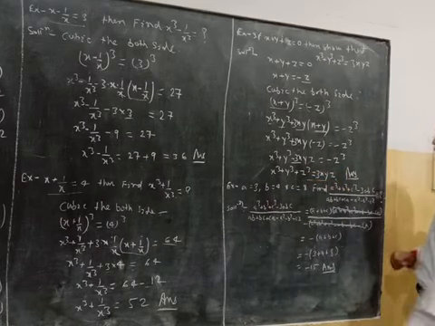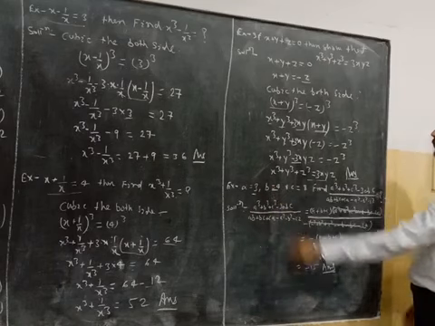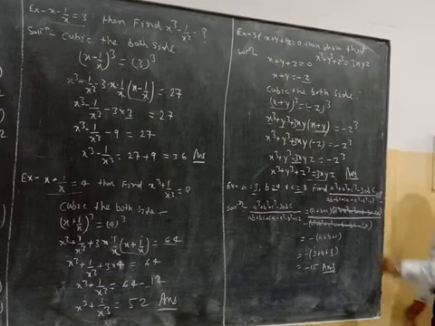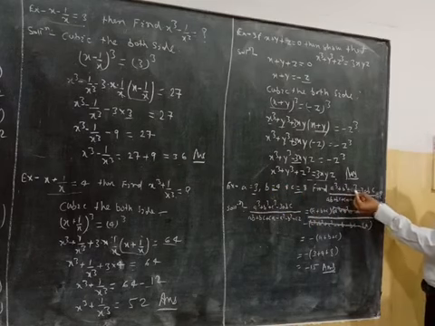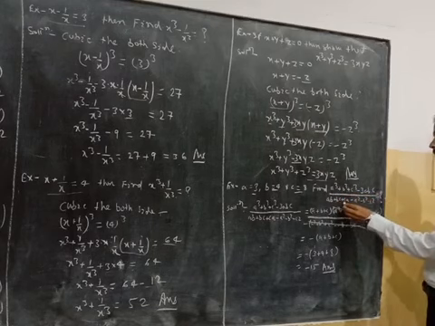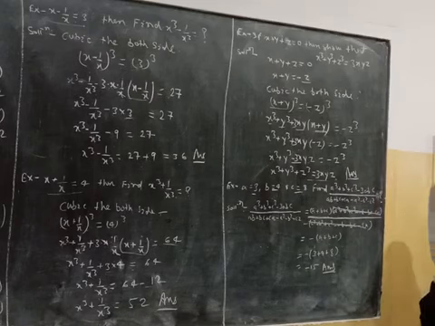Again next example: given a is equal to 3, b is equal to 4, c is equal to 8, then find the value of (a cube plus b cube plus c cube minus 3abc) by (ab plus bc plus ca minus a square minus b square minus c square) is equal to what?